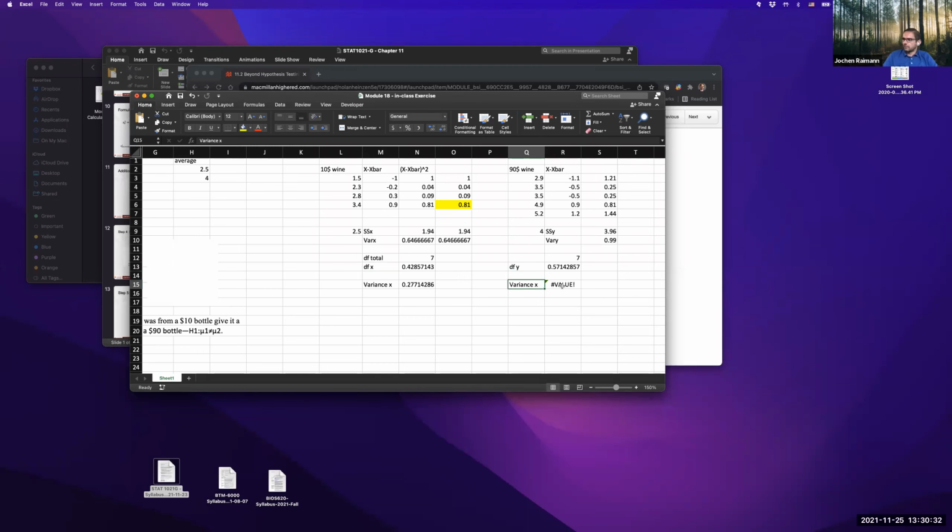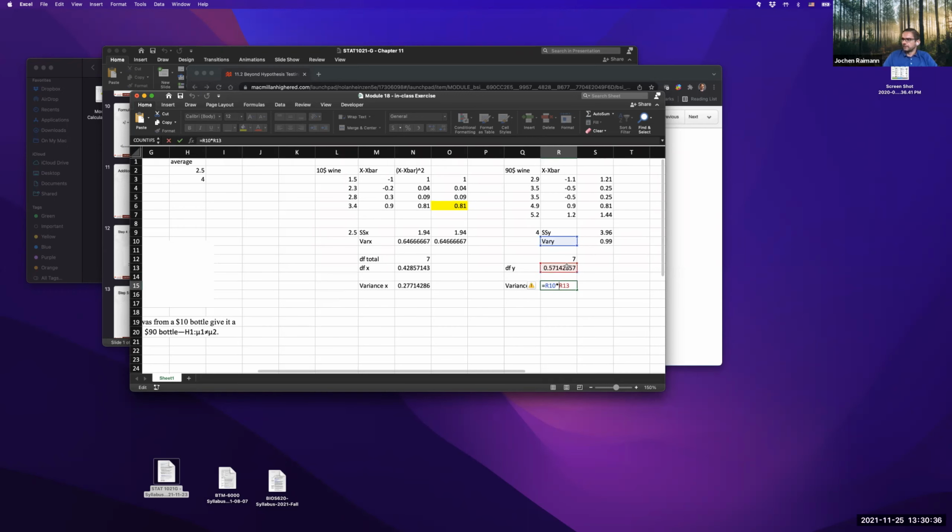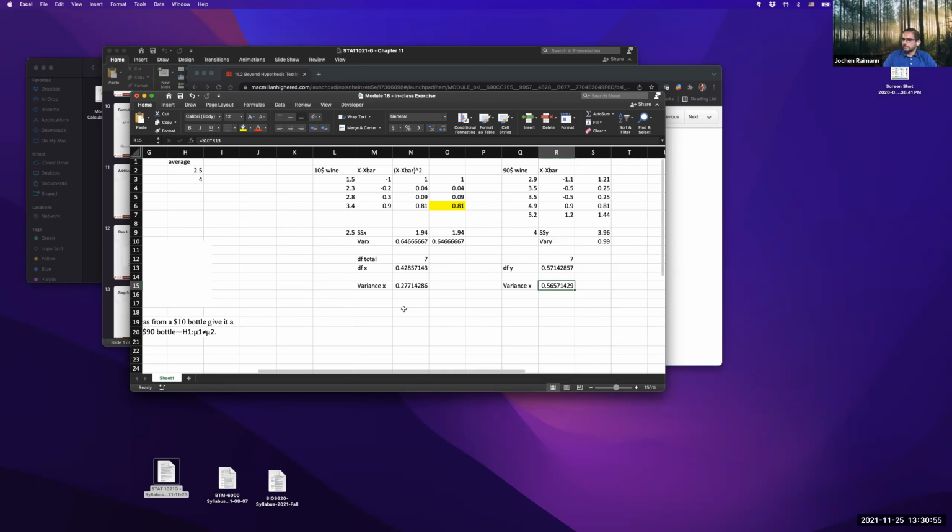So now we're aliquoting this variance. This is supposed to be S10. And now this variance is 0.57. This gives us a variance X, variance Y. And now we need to pull this together, right?